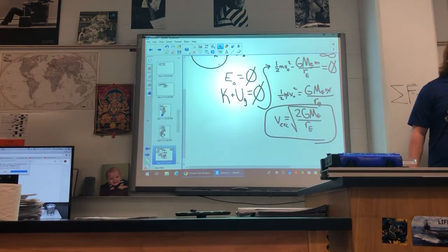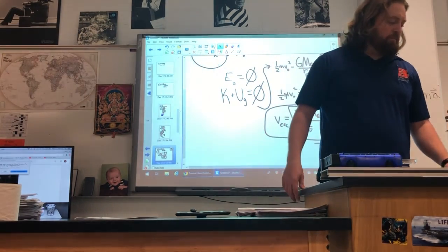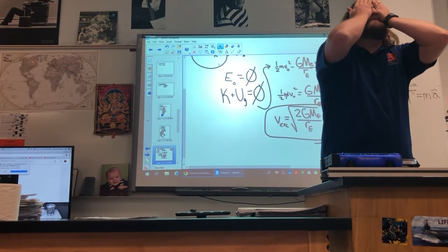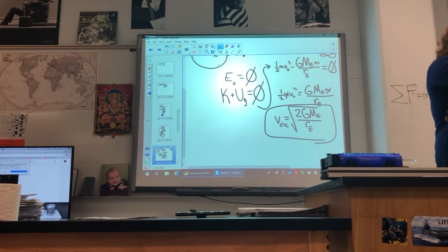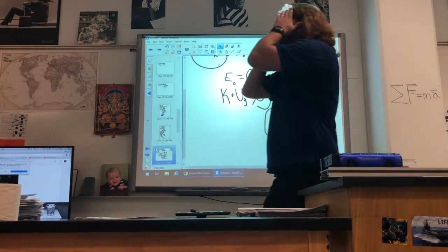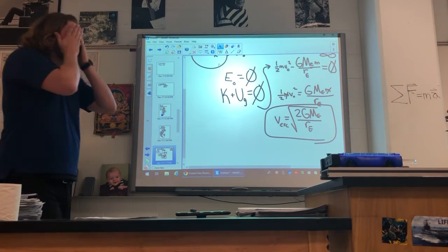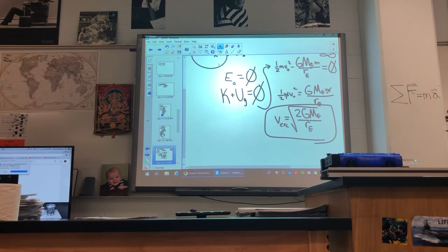Somebody find me that value. What is the mass of the Earth? It's about 6.3 times 10 to the 24th kilograms. Write it down. Somebody solve it. The radius of the Earth is about 6 times 10 to the... Is it 11? In meters?